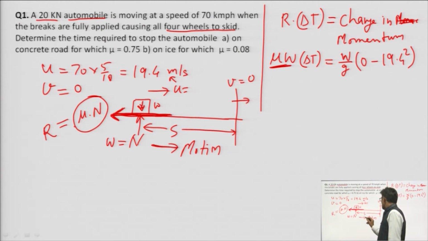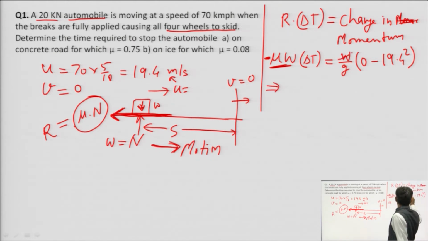Motion is in this direction, but this force is acting in this direction. Therefore, we need to consider its minus sign, and this minus sign will be cancelled out now. So, W is going to cancel.